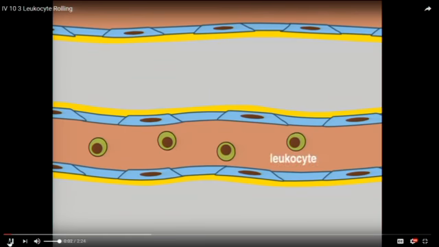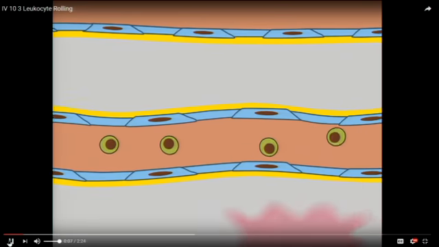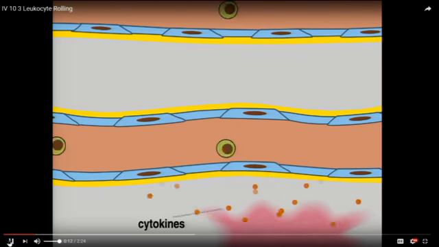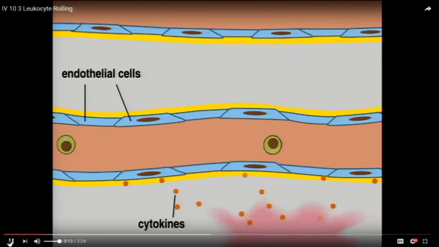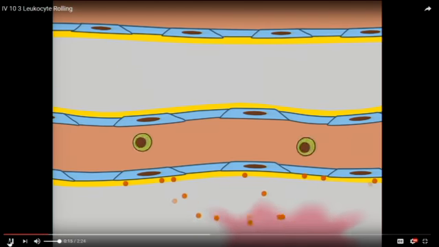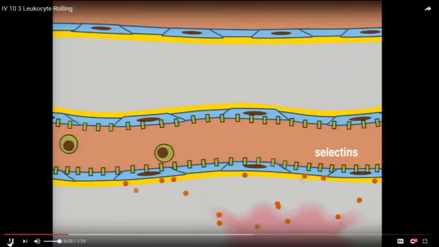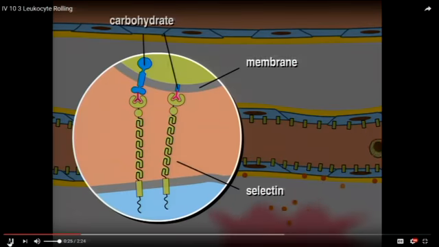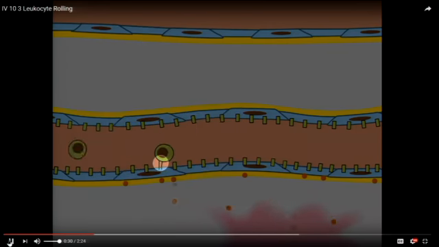Leukocytes are white blood cells that help fight infection. At sites of injury, infection, or inflammation, cytokines are released and stimulate endothelial cells that line adjacent blood vessels. The endothelial cells then express surface proteins called selectins. Don't worry about selectins. Selectins bind to carbohydrates displayed on the membrane of the leukocytes, causing them to stick to the walls of the blood vessels.